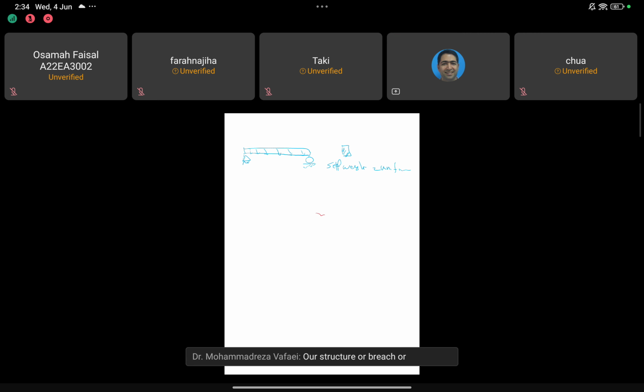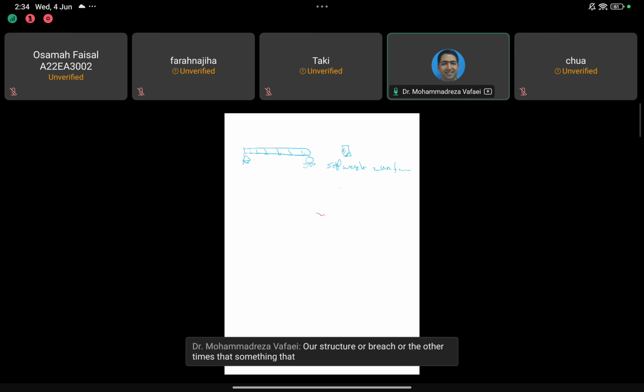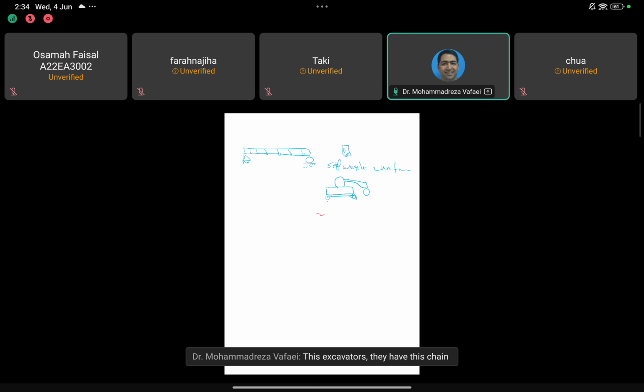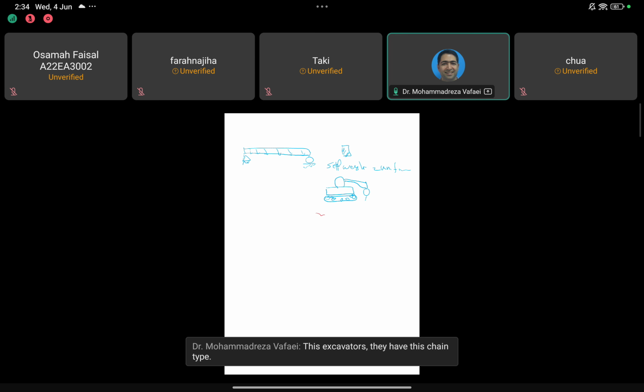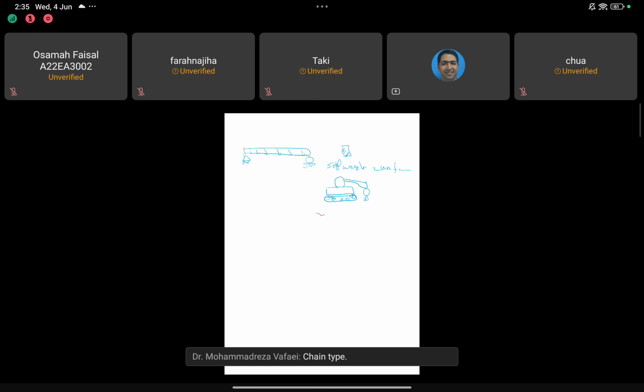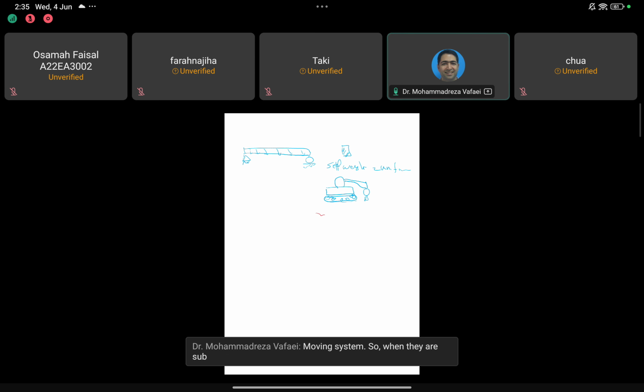Or there are times that something that passes over the bridge is a uniform load. For example, you have seen these excavators. These excavators have this chain type moving system. So when they are moving over our bridge, they almost uniformly excite this bridge.